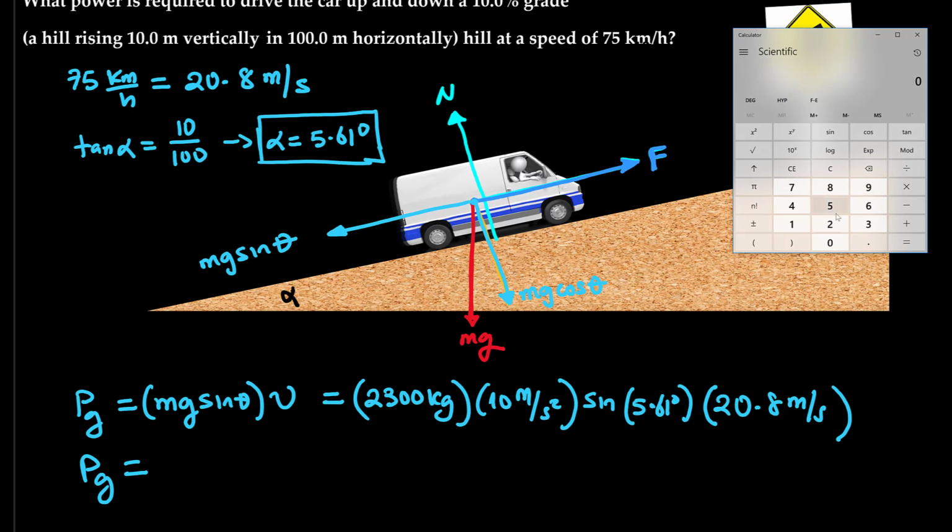Let me start this way to make it easy. 5.61 sine multiplied by 20.8 multiplied by 10 multiplied by 2,300, and we will have here 46,766.8 watts.